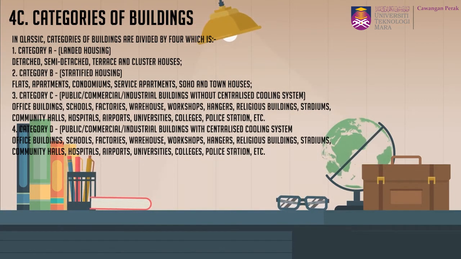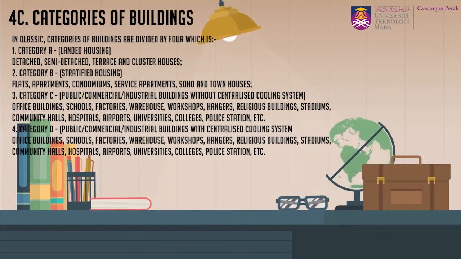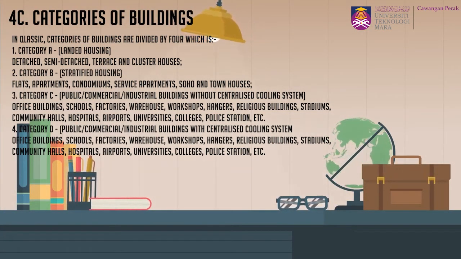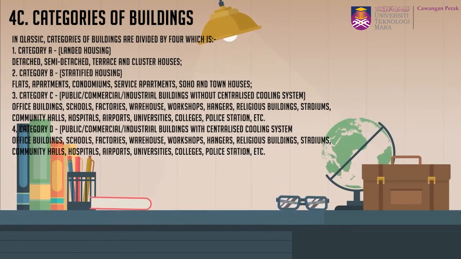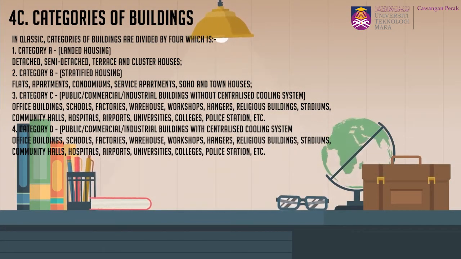Aside from the components to be assessed, we're going to look at different types of building, which are mentioned in Qlassic. So there are 4 categories of buildings, which are labeled as A, B, C, and D. So the first category A is targeted to landed housing, such as detached house, semi-detached house, also known as semi-D, terrace house or cluster house.